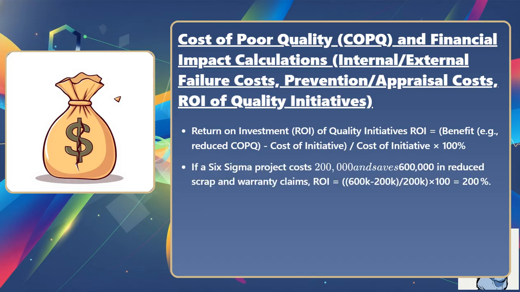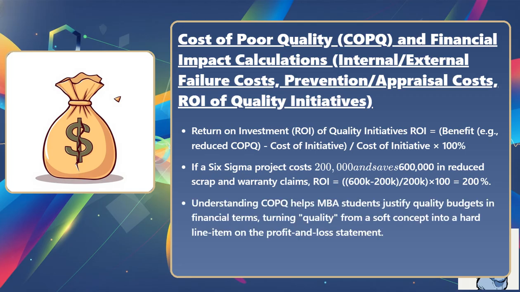If a Six Sigma project costs $200,000 and saves $600,000 in reduced scrap and warranty claims, ROI equals open parenthesis 600,000 minus 200,000 close parenthesis divided by 200,000 times 100 equals 200%. Understanding COPQ helps MBA students justify quality budgets in financial terms, turning quality from a soft concept into a hard line item on the profit and loss statement.